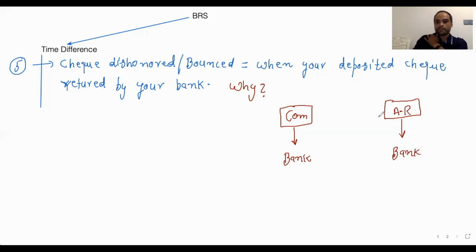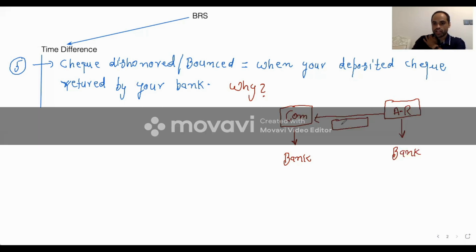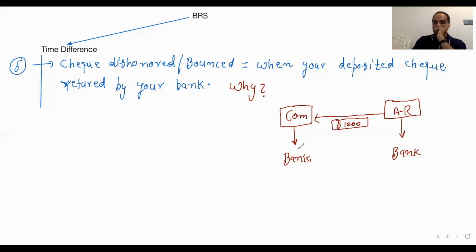For example, this customer gives you a check, and the check value is, for example, $1,000. The account receivable gives you the check. Now you deposit this check to your bank.